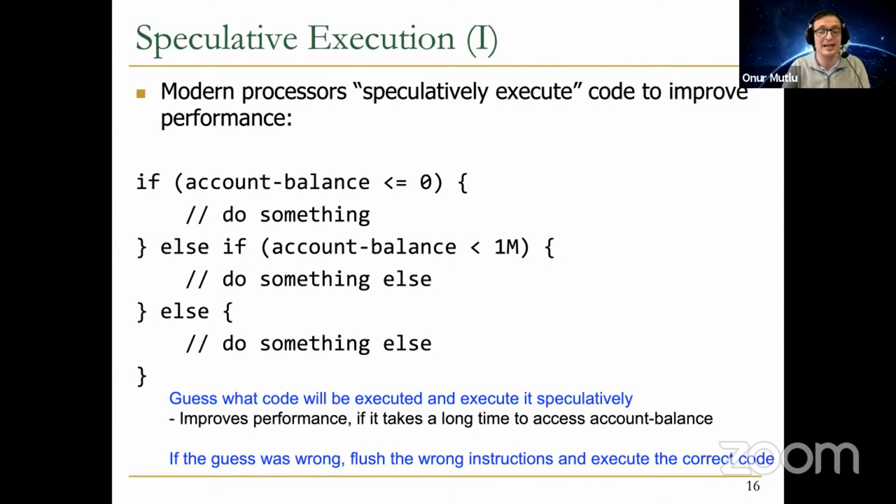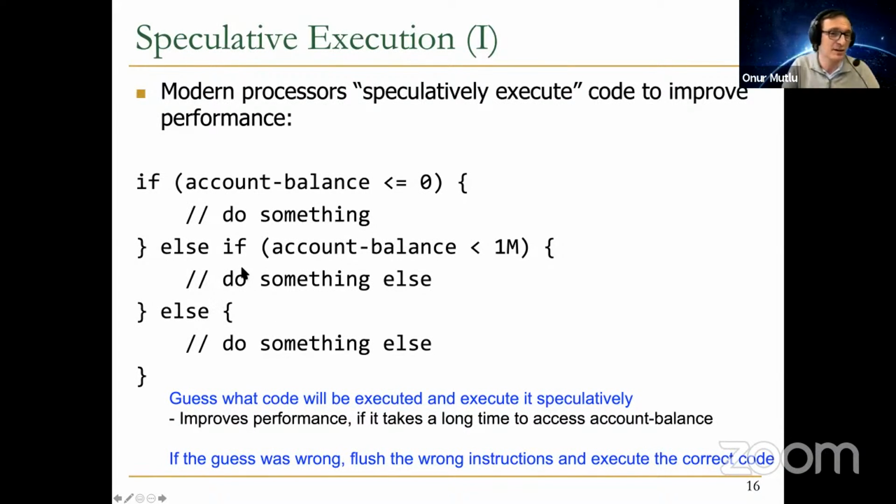They know that that's wrong at that point in time. And then they go back and execute the correct code. For example, if the account balance was actually not less than 0, but it was less than 1 million, they basically discard what they've done, 200 instructions over here or wherever it goes, and they redo. Well, redo is not the correct word, but they actually fetch the instructions that they're actually supposed to fetch, and they execute those instructions.